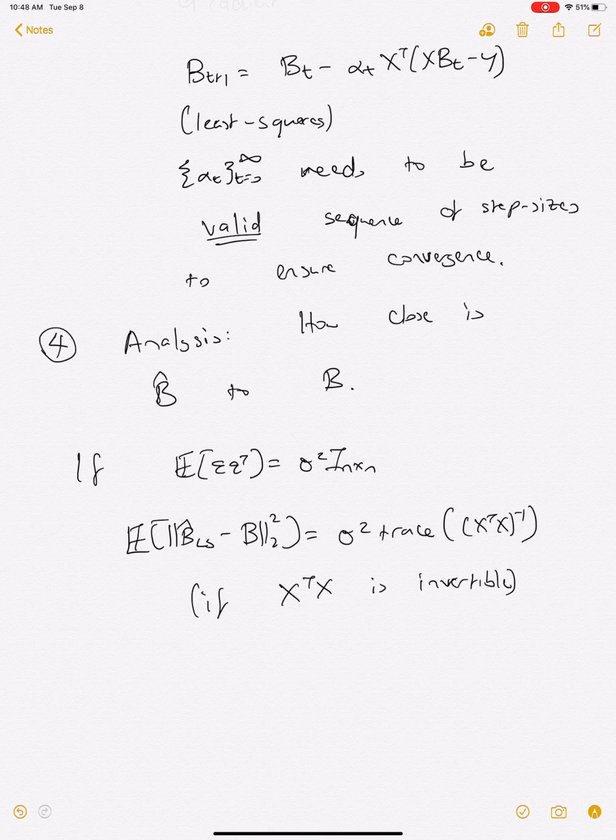And then we also found that, in terms of other metrics like the mean squared prediction error, what was nice about this is that it didn't depend on properties of the matrix X at all.